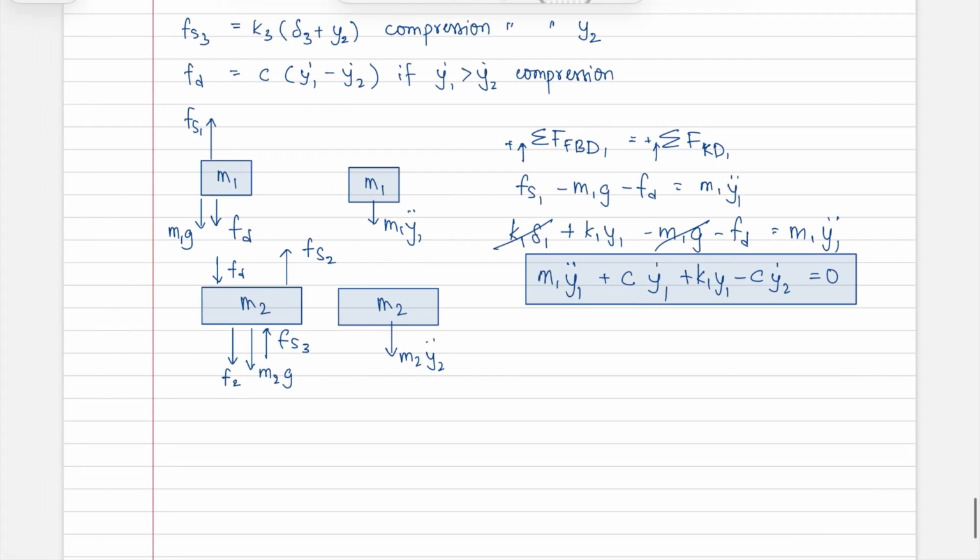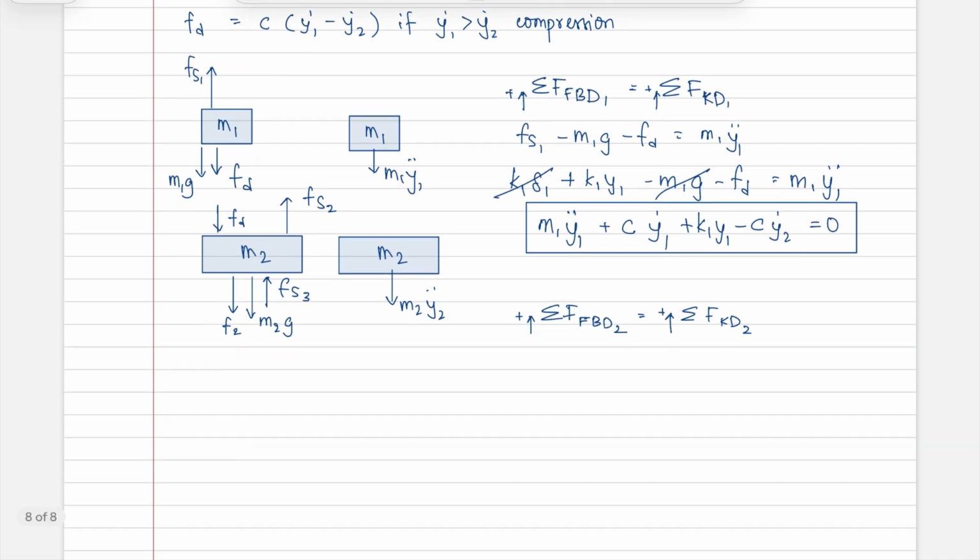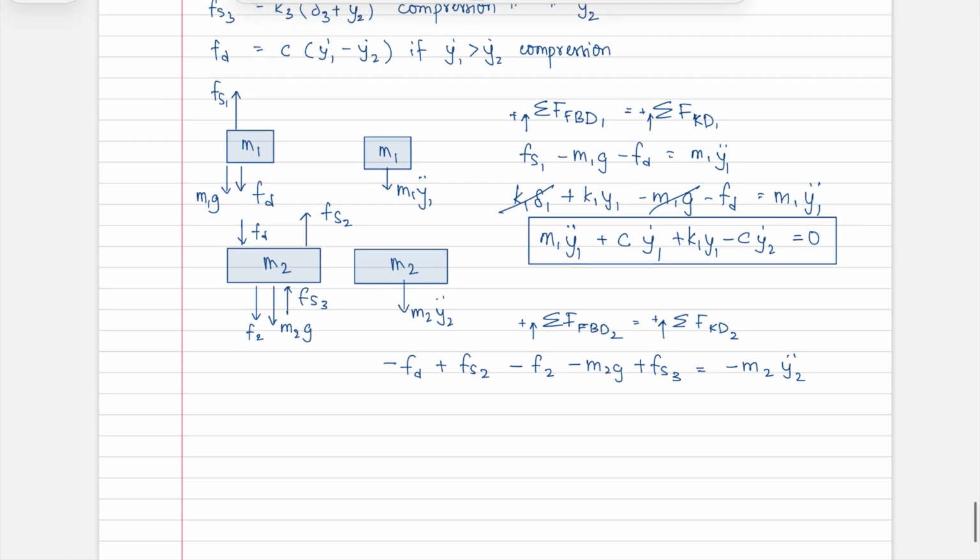And then for the second block, you have the sum of forces in the free body diagram of 2, I'm going to keep it as positive upwards, is equal to the sum of forces in the kinetic diagram for 2. Again, positive upwards. And if I now write down all those relations, I will have Fd downwards, so negative, plus Fs2 minus F2 minus M2G plus Fs3 is equal to minus M2 Y2 double dot.